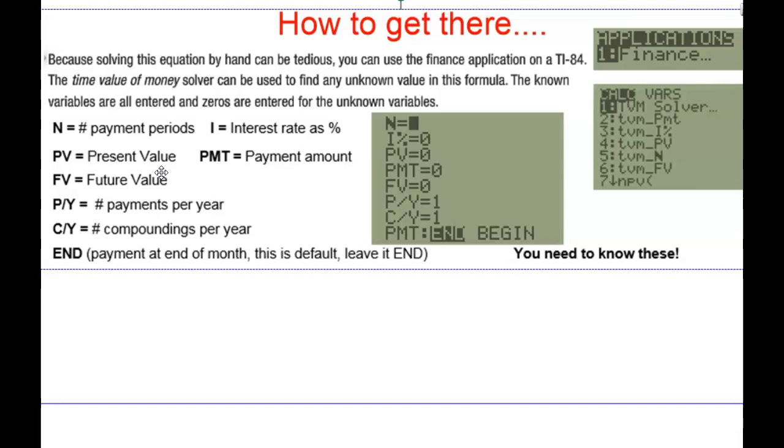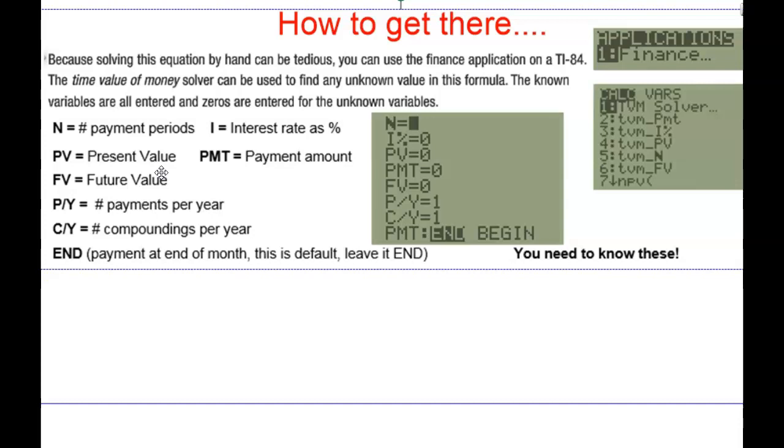PMT stands for payment. FV stands for future value. Okay, if you're saving for retirement, that's the number you want to be big, right? If you're paying off a loan, what do you want a loan amount at the end to be? 0. Everybody with me? Future value of a loan, you want to be 0.